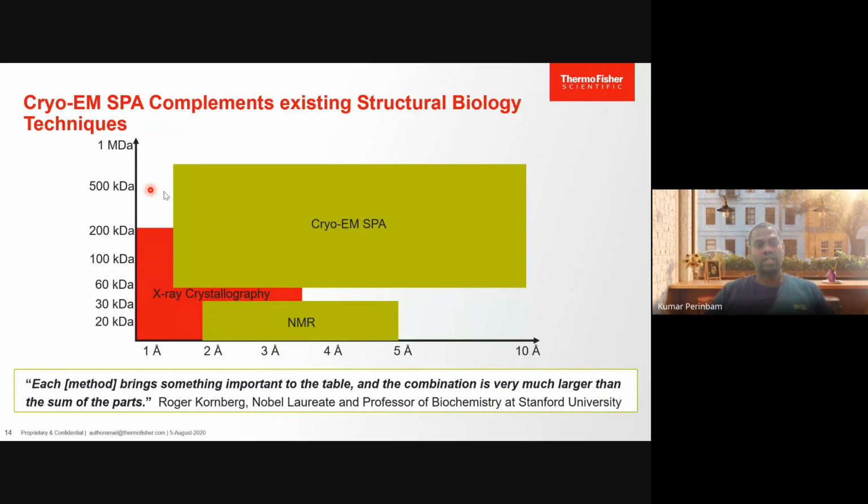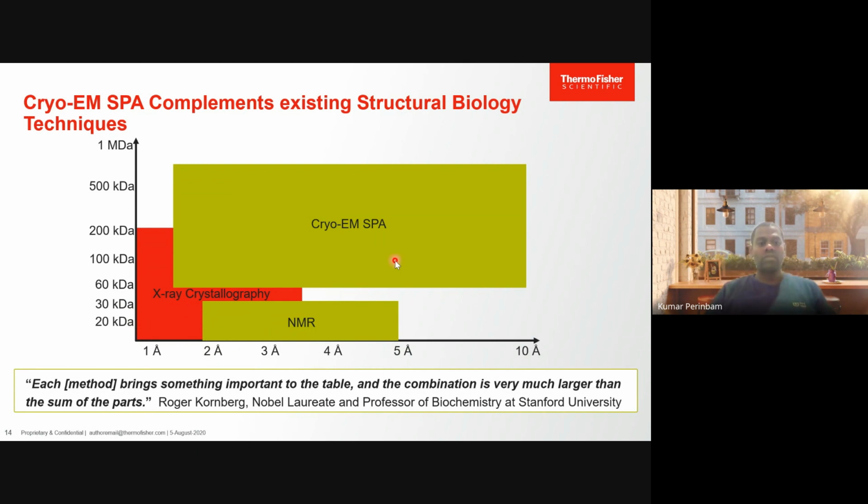biomolecules of larger size. And NMR, which is also a prominent structural biology technique, has its own limitation: you can see biomolecules of 30 kilodalton and slightly above, but it majorly focuses on small molecules. The resolution is not that great, but you get the dynamics of the biomolecules.